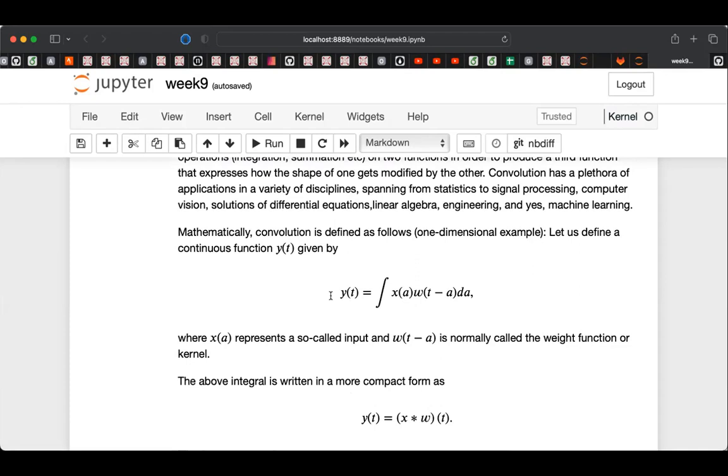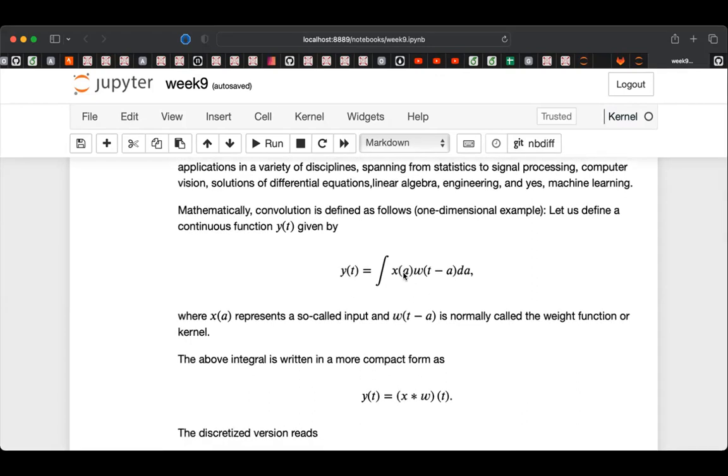So you would have a continuous function y of t, which is given by the product and an integral over the variable a, where you can think of this w as a weight function or kernel function, or as we will also call it, filter function, where you can filter away or modulate some of the observations which you've made.